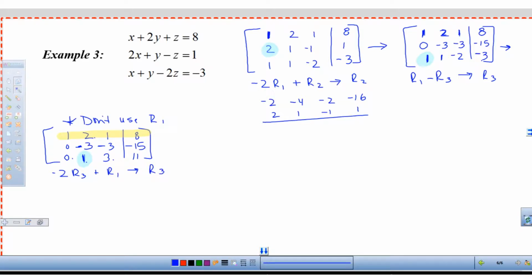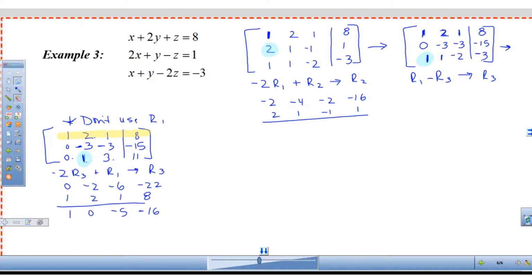Is everybody following me? Yes? Take a negative 2 across the bottom. Look. 0, negative 2, negative 6, negative 22. Write your row 1 underneath it. Look what happens. 1, 0, negative 5, negative, what is that? 16? No. 14. Thank you.